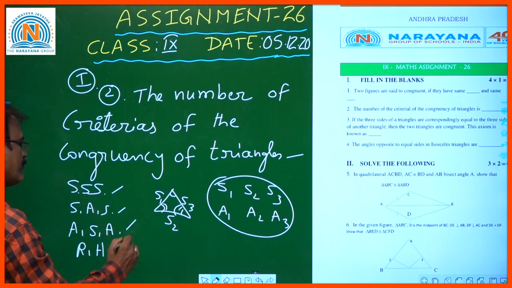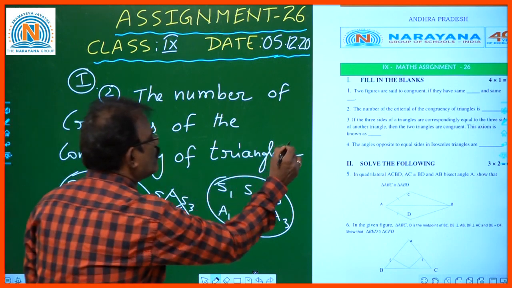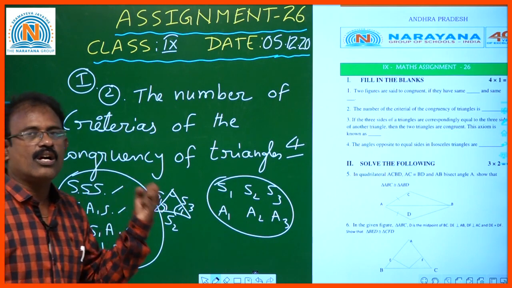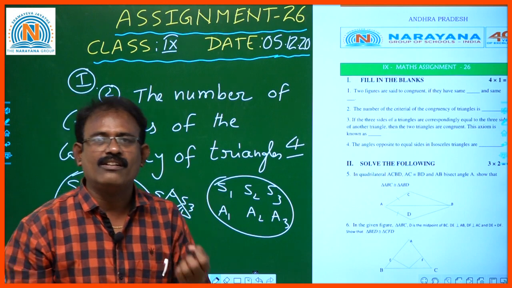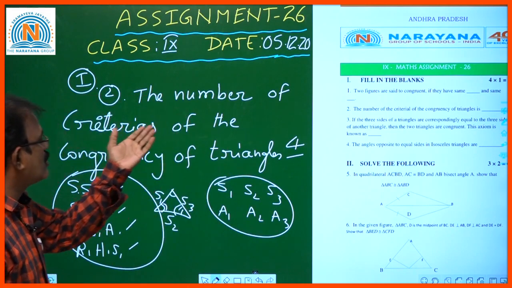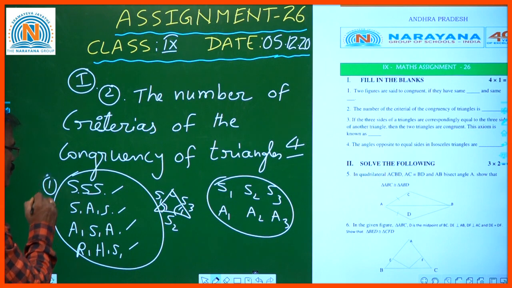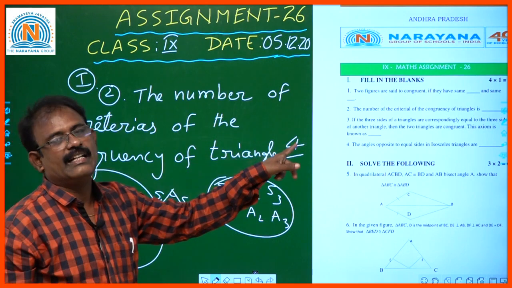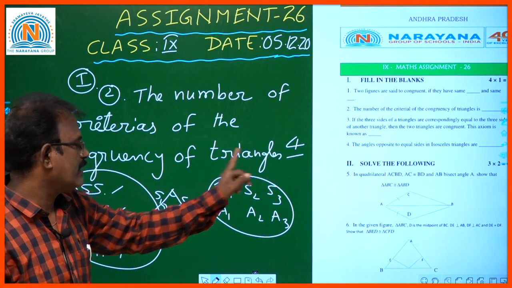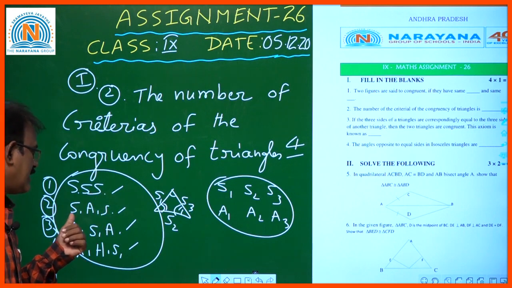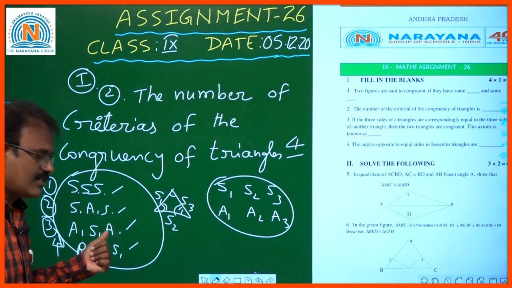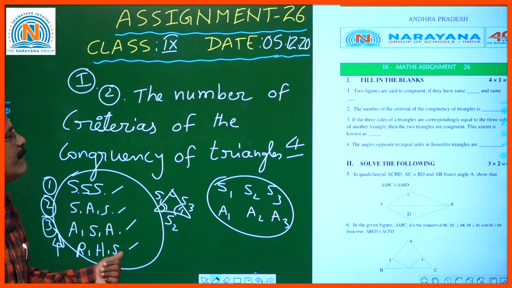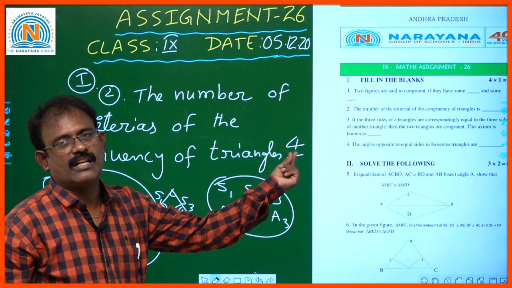So 1, 2, 3, 4. Based on these 4 criteria of the congruency of triangles, we are able to conclude whether the given triangles are congruent or not. They are side side side axiom, side angle side axiom, angle side angle axiom, and right angle hypotenuse side axiom.